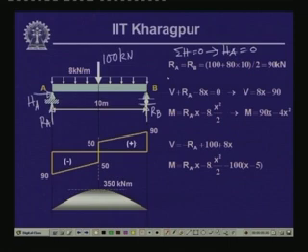Now, RA and RB are the two vertical reactions, and the beam is symmetrical, and we have a load of 100 kilonewton which is concentrated at the center of the beam, at a distance of 5 meter from here, and we have 8 kilonewton per meter uniformly distributed load over the entire span.